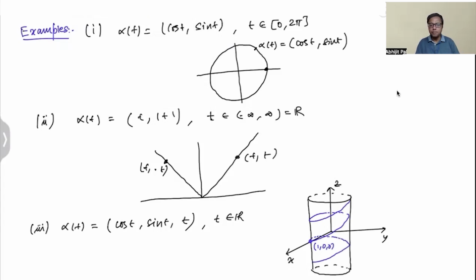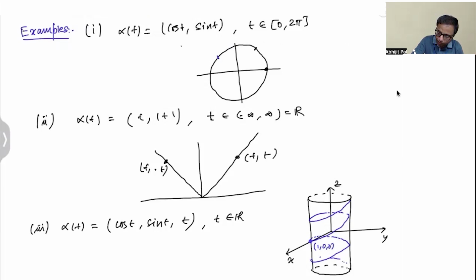Yeah. So the image of alpha is a spiral. This image of alpha also lies in R3. So in the first example, this curve alpha is a planar curve.